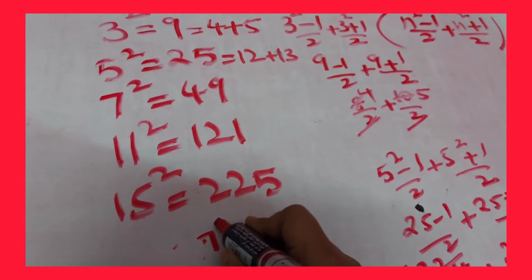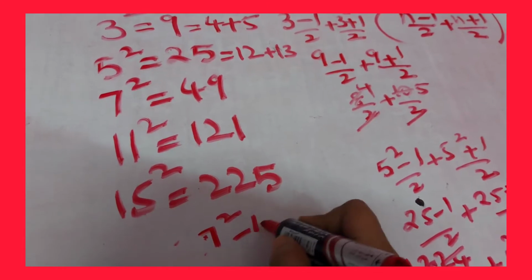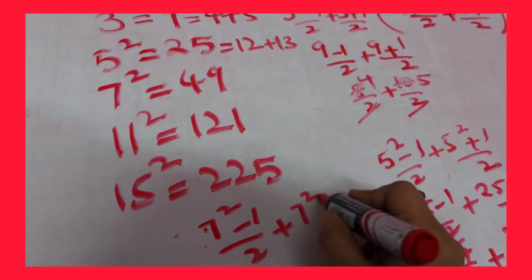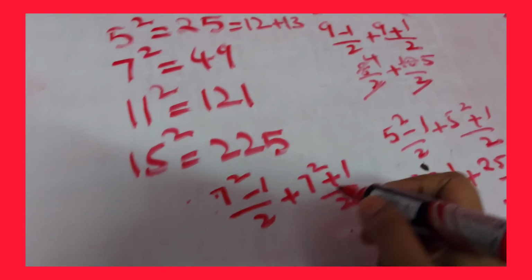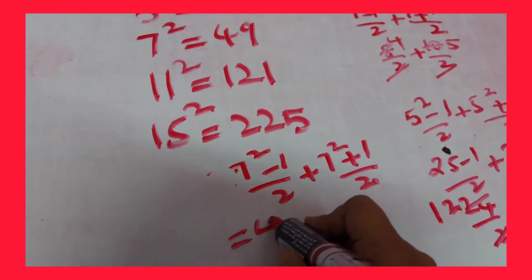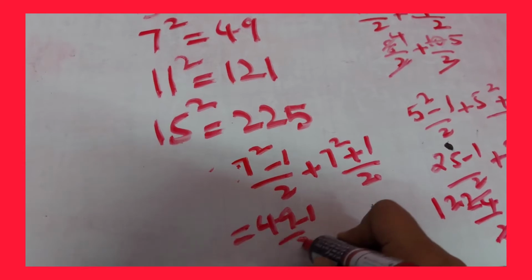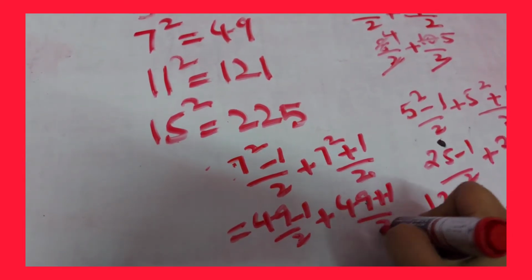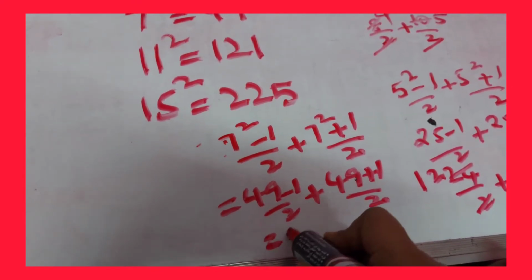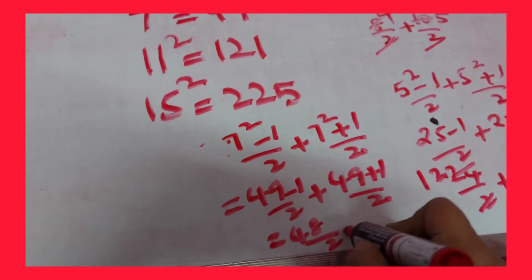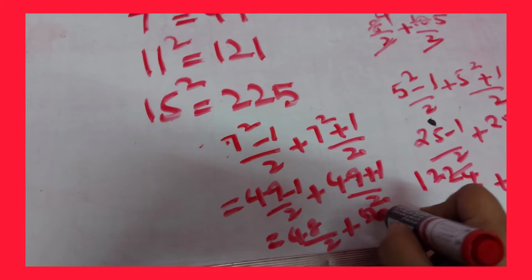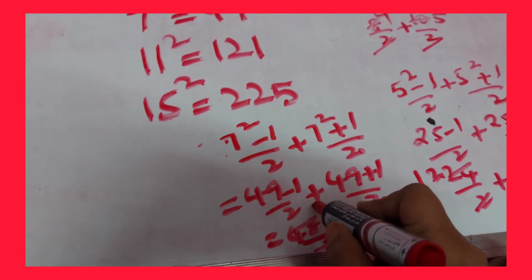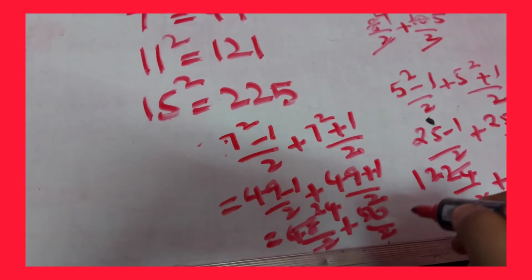7 square minus 1 by 2 plus 7 square plus 1 by 2. It is 49 minus 1 by 2 plus 49 plus 1 by 2. 49 minus 1 is 48 by 2. 50 by 2. 48 means 2 1s are 2, 2 2s are 4, 2 4s are 8.